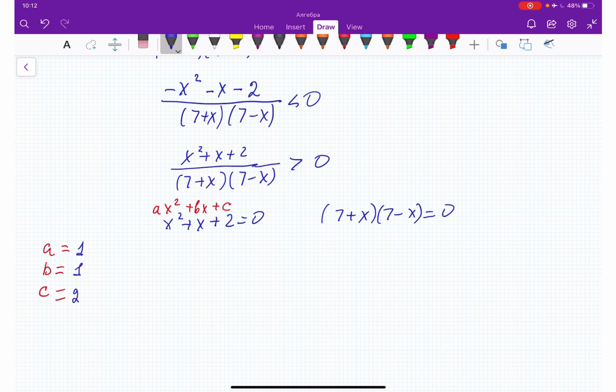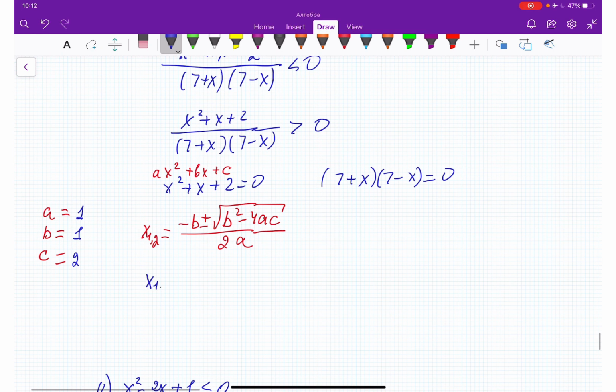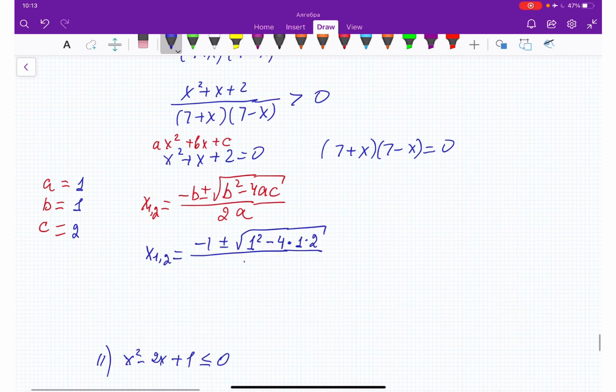And my x12 is equal to negative b plus minus the square root of b squared minus 4ac, divided by 2 times a, which means x12 is equal to negative b, it's going to be -1, plus minus b squared, it's going to be 1 squared, which is 1, minus 4 times 1 and times 2, and 2 times 1.